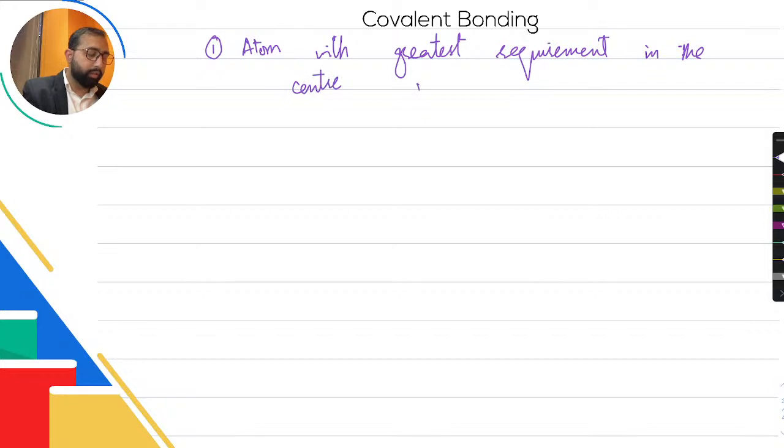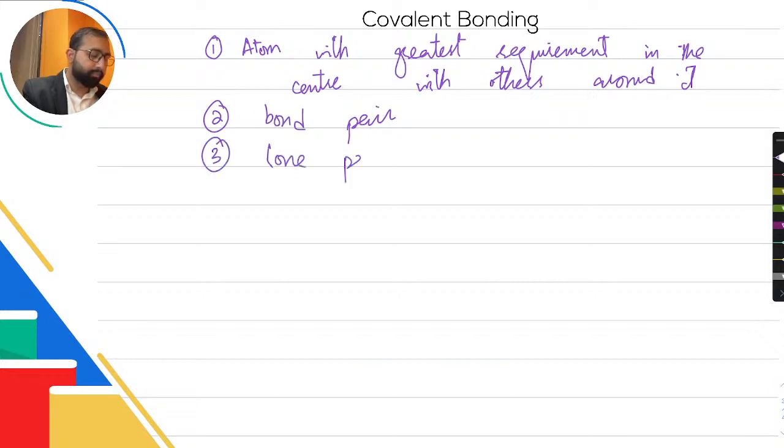With others around it. All right. Then draw the bond pairs and then draw the lone pairs. And there you go. That's all you need to do. And if you're able to do that, you're able to draw any atoms you need.